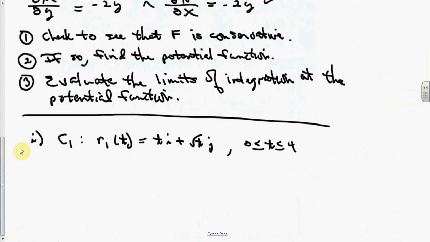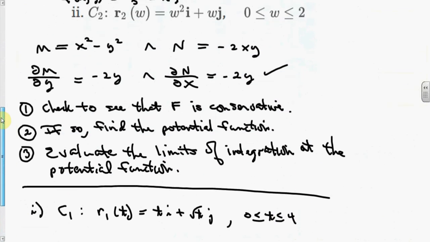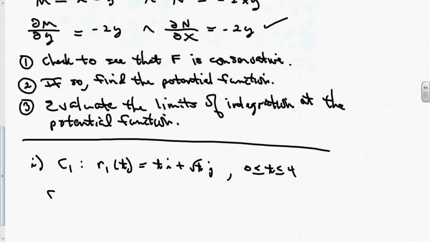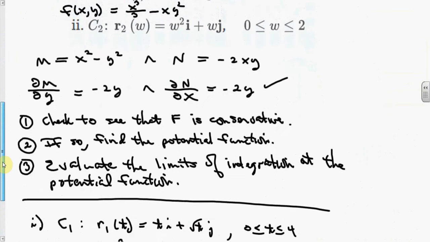Good. And the potential function that we just found was f of x, y equals x to the third over 3 minus xy squared. Yep, that's right.